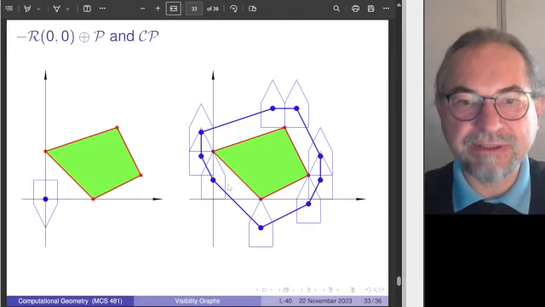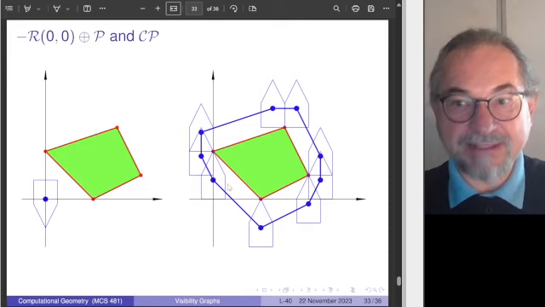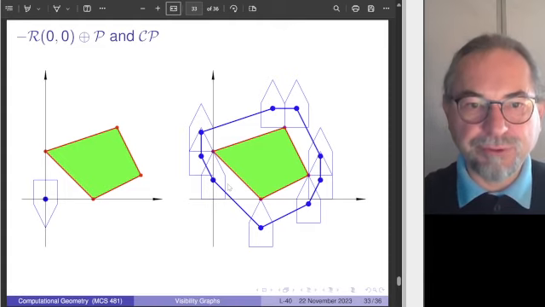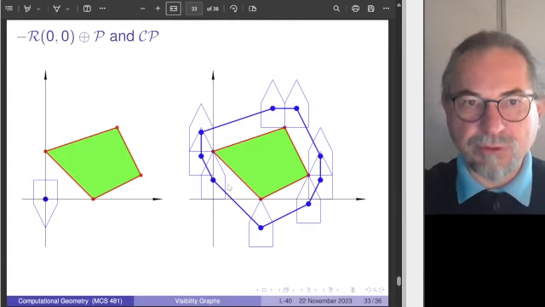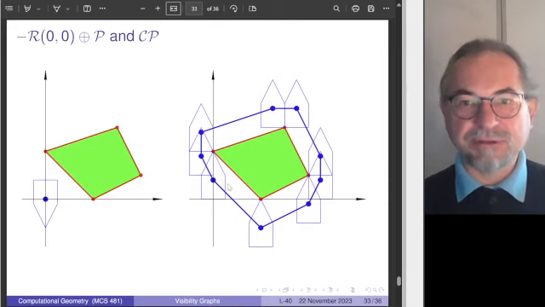Here you see in blue the robot with its barycenter at the origin, and then an obstacle. Now if you compute the sum, you flip the robot, so this is where the minus comes in, and the sum is called the Minkowski sum.